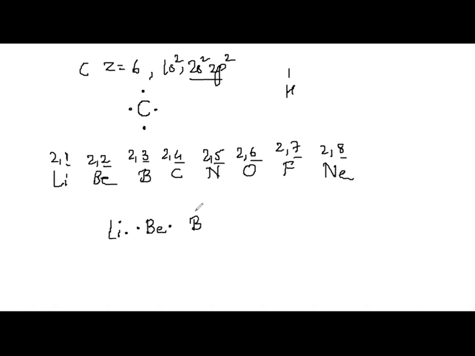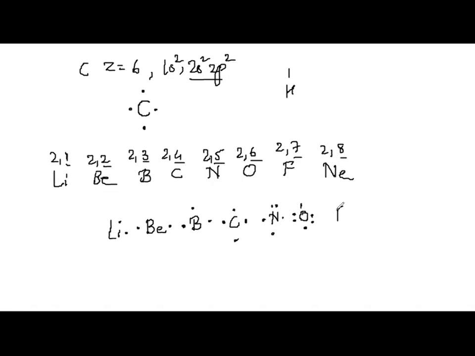Boron, 1, 2, 3. Carbon, 1, 2, 3, 4. Nitrogen, see, 1, 2, 3, 4, and then 5. Correct? Oxygen, 1, 2, 3, 4, 5, 6.